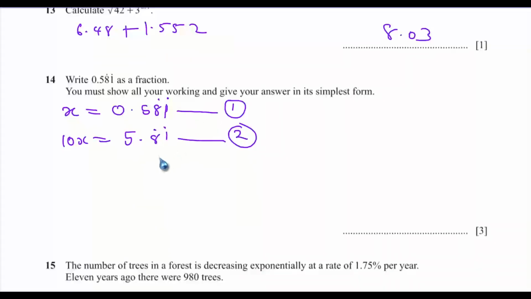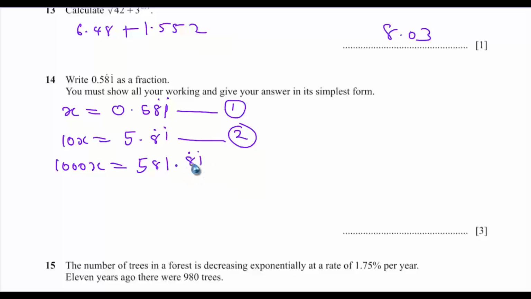So the next step is to multiply equation 2 by a power of 10, depending on the number of repeated digits. So we have 2 repeated digits, that is 10 to the power of 2, which is 100. If you multiply by 100, that will be 1000x now equals 581.8 with the dot here.